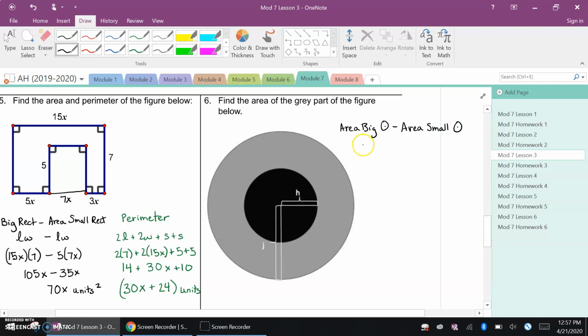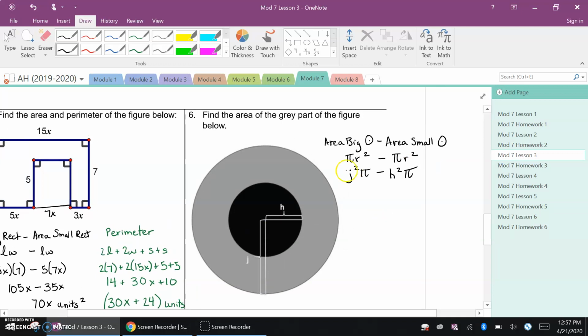So formula for the area of the big circle is going to be pi r squared. We are also going to use the same thing for the small circle. You'll notice in the diagram that the radius of the big circle is j, so we have j squared pi. On the inside of the circle, we have a radius of h, so we have h squared pi.